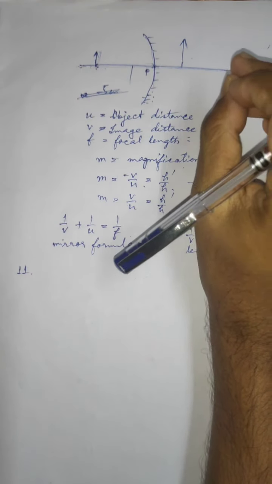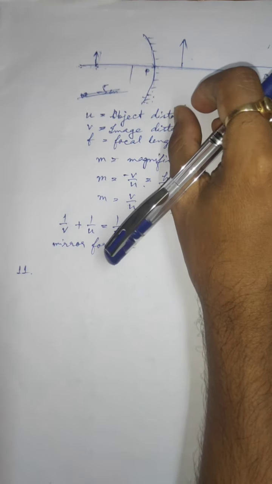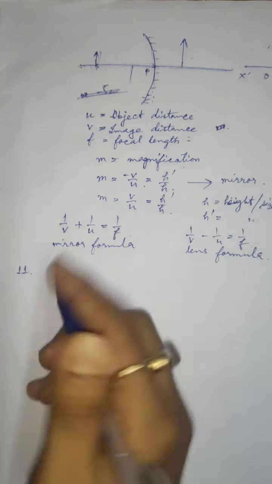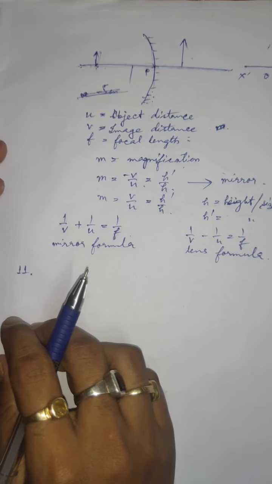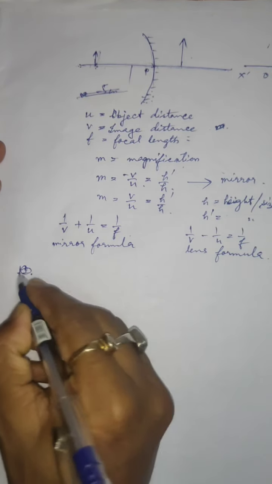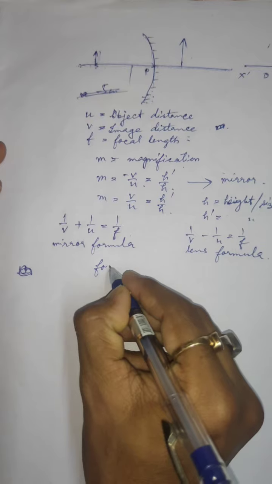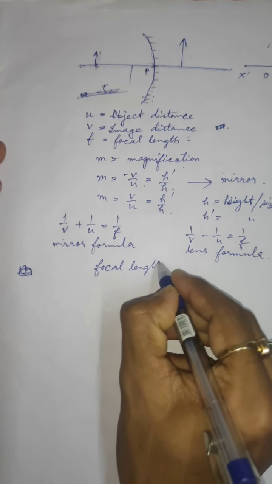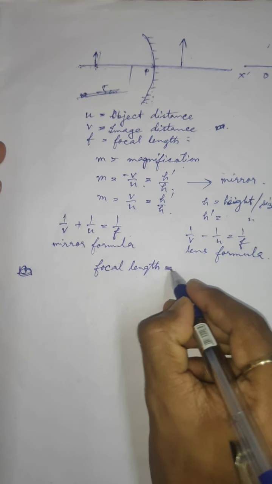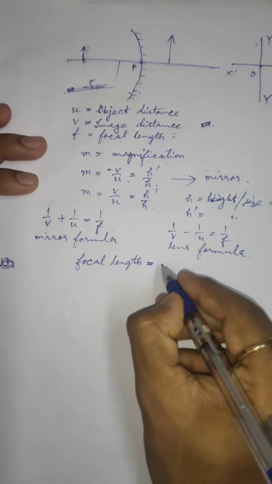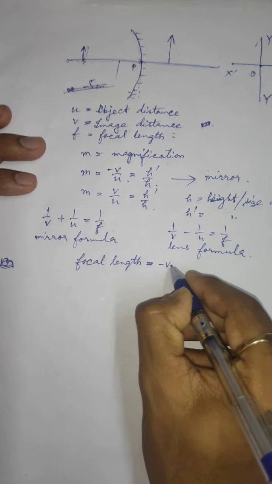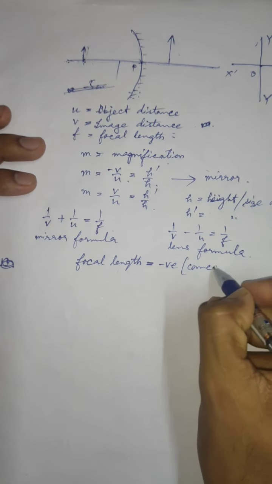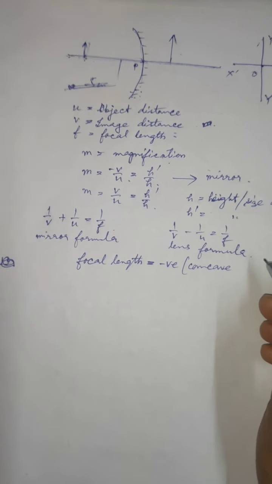That means in case of a convex mirror or convex lens, the focal length is always taken to be positive. So here I can write: focal length is negative in case of concave mirror and lens both.